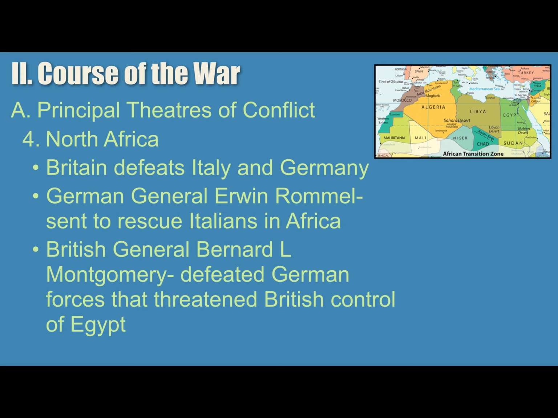They sent him over in the spring of 1941 into northern Africa with some really highly trained, almost like special forces German troops to rescue the Italians. Rommel advanced into Egypt and nearly defeated the British. If it wasn't for the British general Bernard Montgomery, the Germans would have won. But eventually, the British were able to drive out the Germans and gain control back of Egypt.